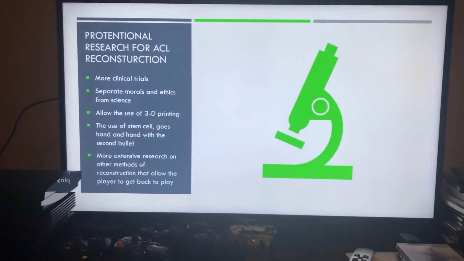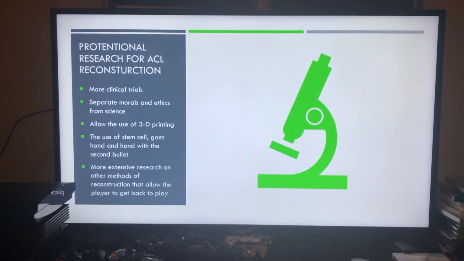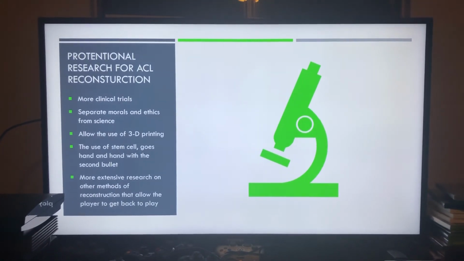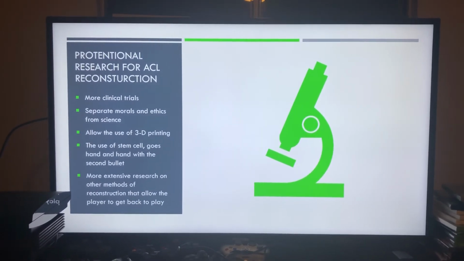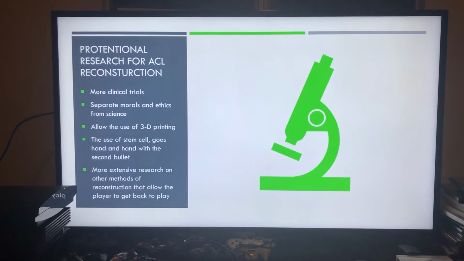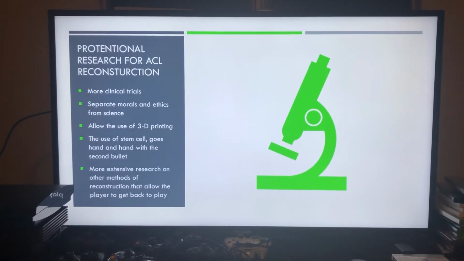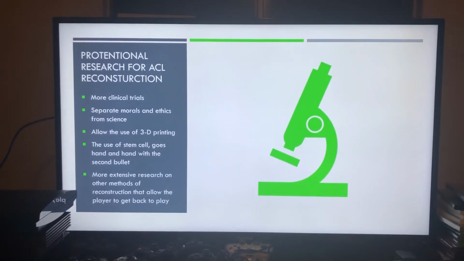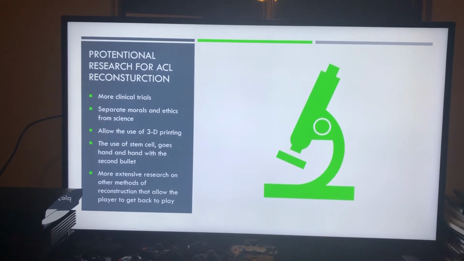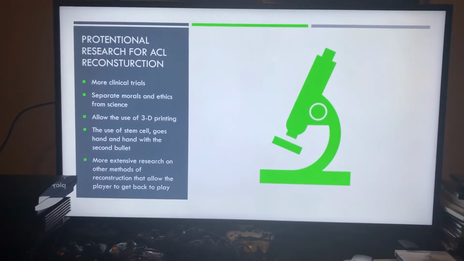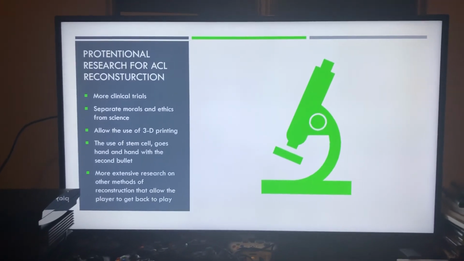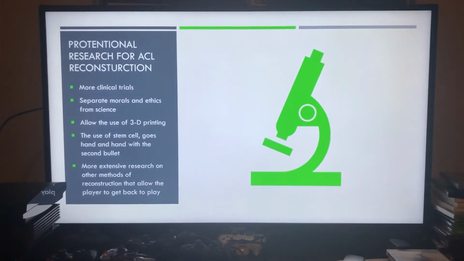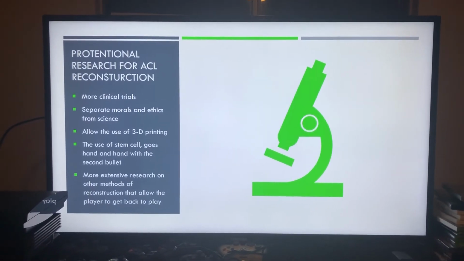And again, stem cells, super ethical, super political debate. It's hard to get a serious answer, but there have been progressive treatments for Parkinson's and diabetes that, if we were to utilize, we would be further along in developing ACL reconstruction quicker and better, helping these athletes get better faster and be able to get them on the field.